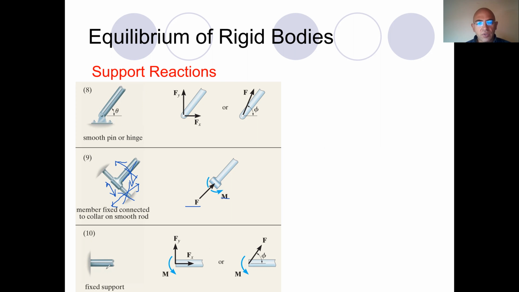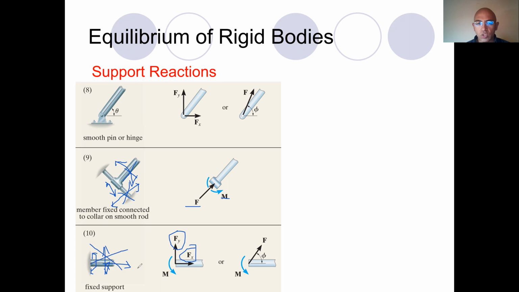Now, we may have fixed support. That's another type of support we generally face with. In this case, as you see, this object cannot move in this direction. This will result in a force like this, and it cannot move in the vertical direction. As a result, we will have a vertical component of the force, and indeed it cannot rotate because it's fixed to the wall.